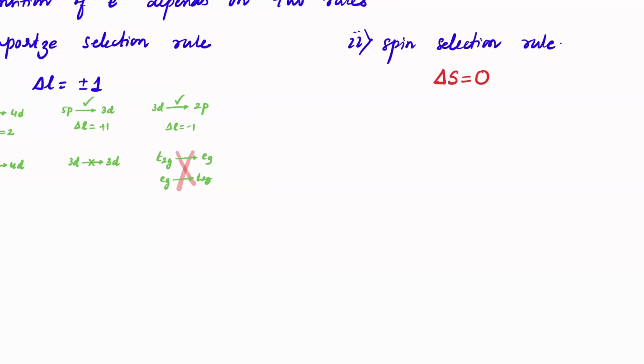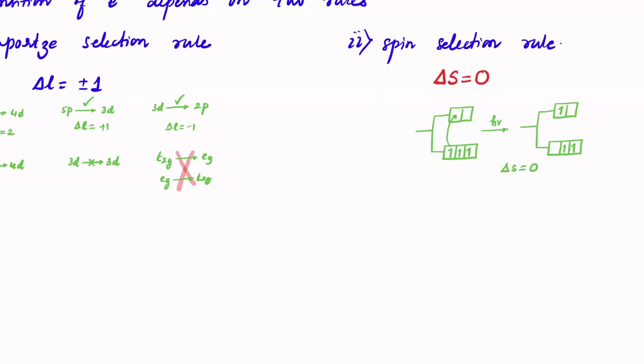Imagine an electron is present here in T2G and it is exciting into EG. After taking some light, it has excited here and reached here. If the spin is the same here, then we say it is following the spin selection rule. So delta S is 0.